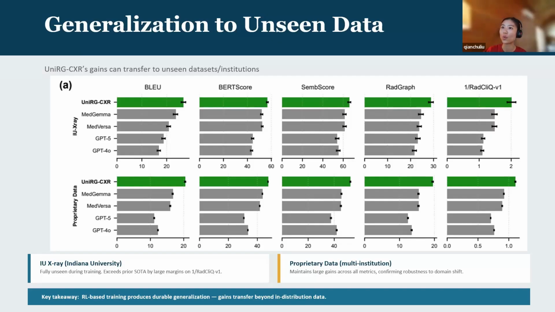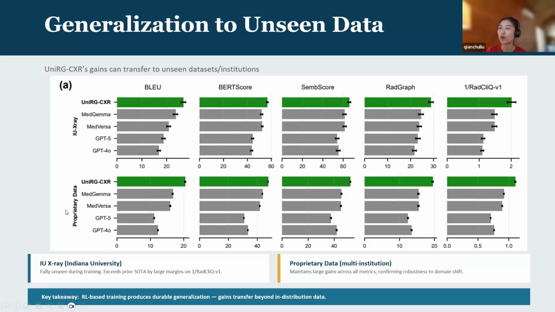So here we have two datasets to test that. For IU X-ray, we retrained our model to leave out the IU X-ray training data to have a true zero-shot performance on this task. We also have a proprietary data source, which is internal to our group. This is a multi-institutional dataset of about 10,000 data points.